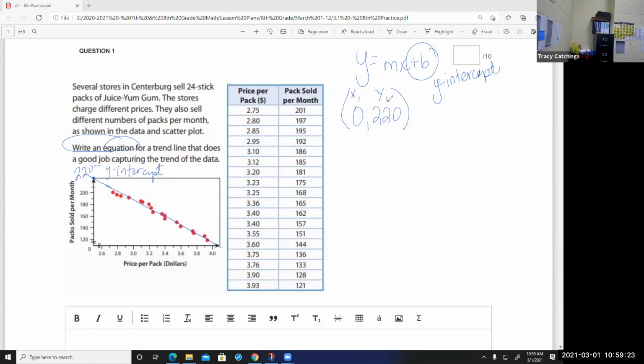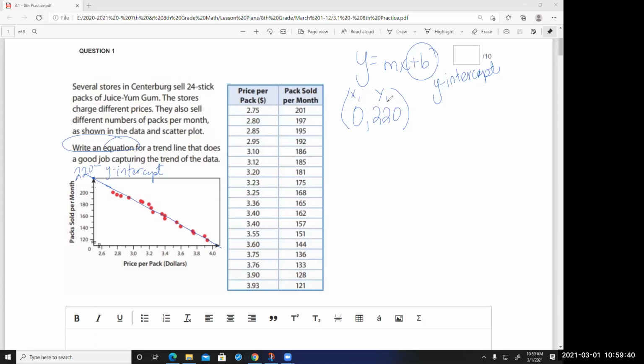Somebody see if you could possibly give us another point that's on that line. It has to be touching the line this time. I see quite a few that we could possibly use. We can use like 2.9, and whatever the number is between 180 and 200.